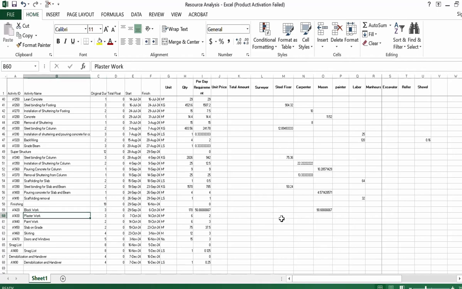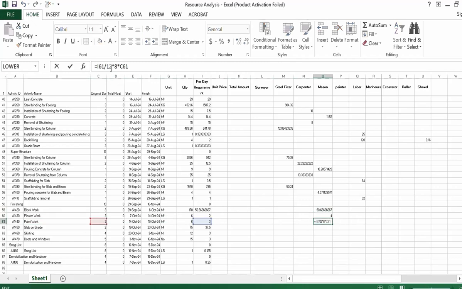Next we have plaster. We need the mason for this also. We will copy and paste. Plaster we can say 12 square meter, one mason. We will divide. We need 4 hours to complete this quantity, only 4 hours, because the quantity is very small. Paint work we can copy and paste.